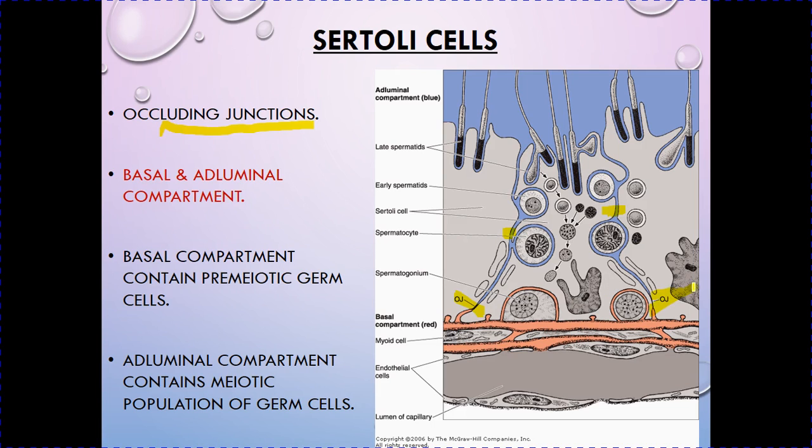These occluding junctions create two compartments in the seminiferous epithelium: a basal compartment near the basement membrane and an adluminal compartment. The basal compartment contains the pre-meiotic germ cells and the adluminal compartment contains the meiotic population of the germ cells.